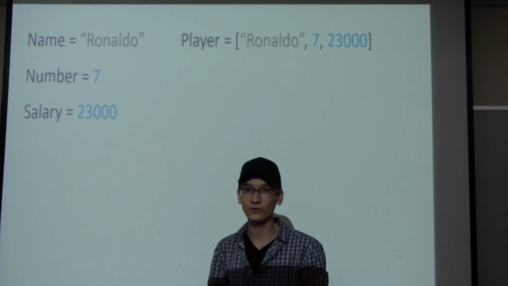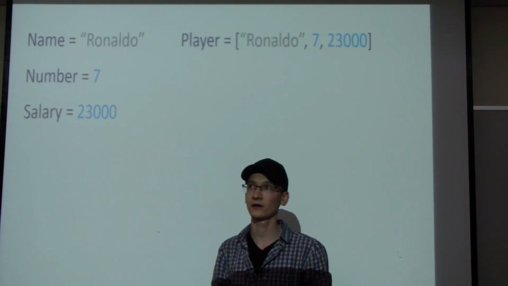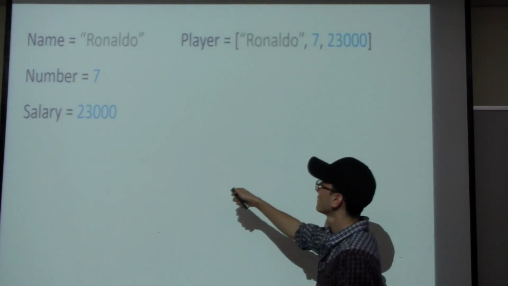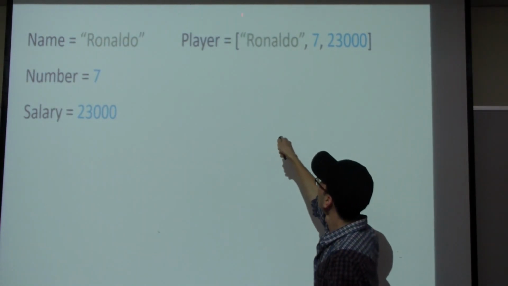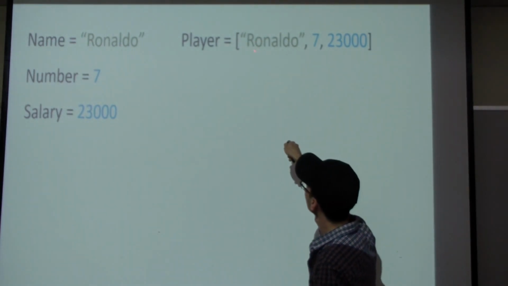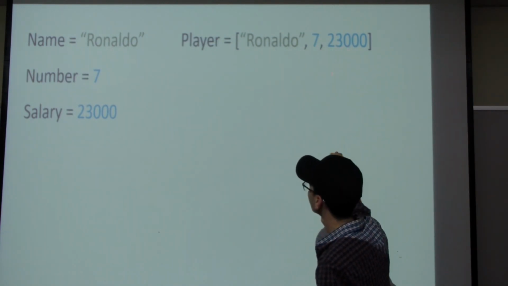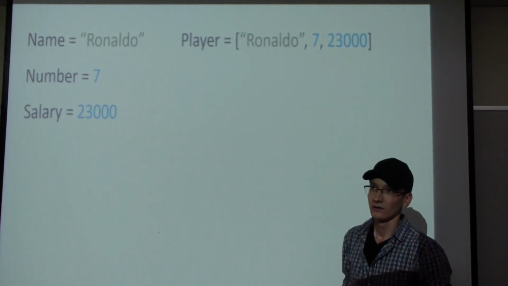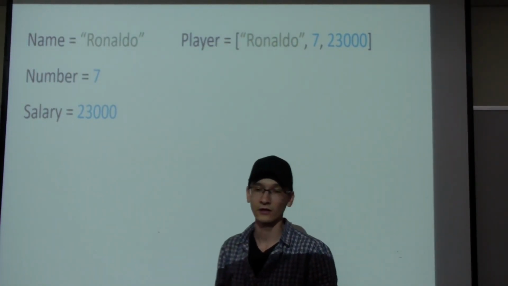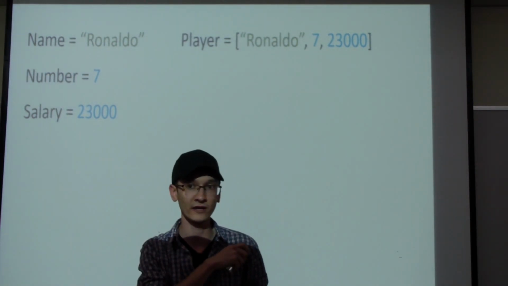Inside the square brackets we can enter any data type, and this is not limited. So now we are inputting values: Ronaldo, 7, 23,000. When you create any list, you have to put values into the square brackets.